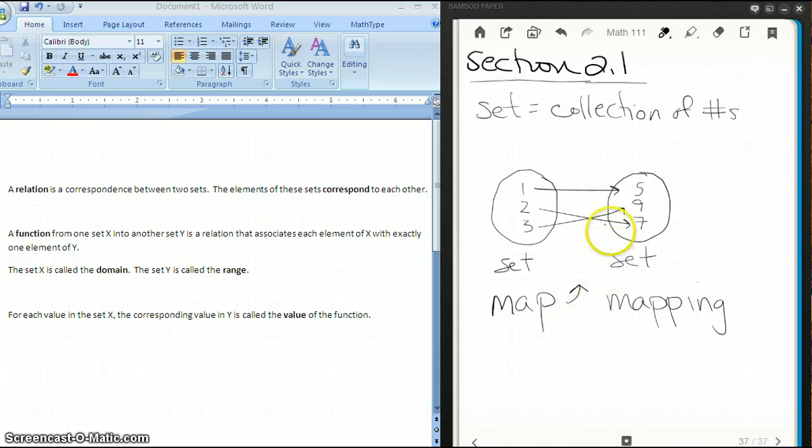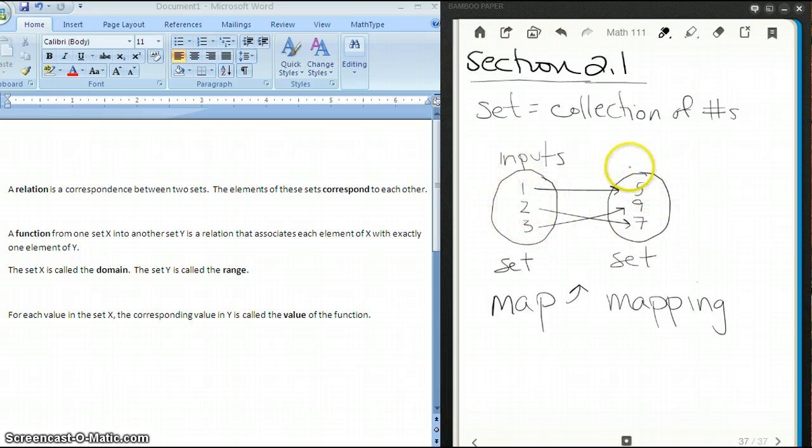What we do want to do when we use this word map or mapping is somehow say this set is different from this set. The elements in this set, 1, 2, and 3, are different from the ones over here, 5, 9, and 7. So when we use this kind of mapping picture, we call the things over here on the left, the things that we start with, at the back of the arrow, inputs.